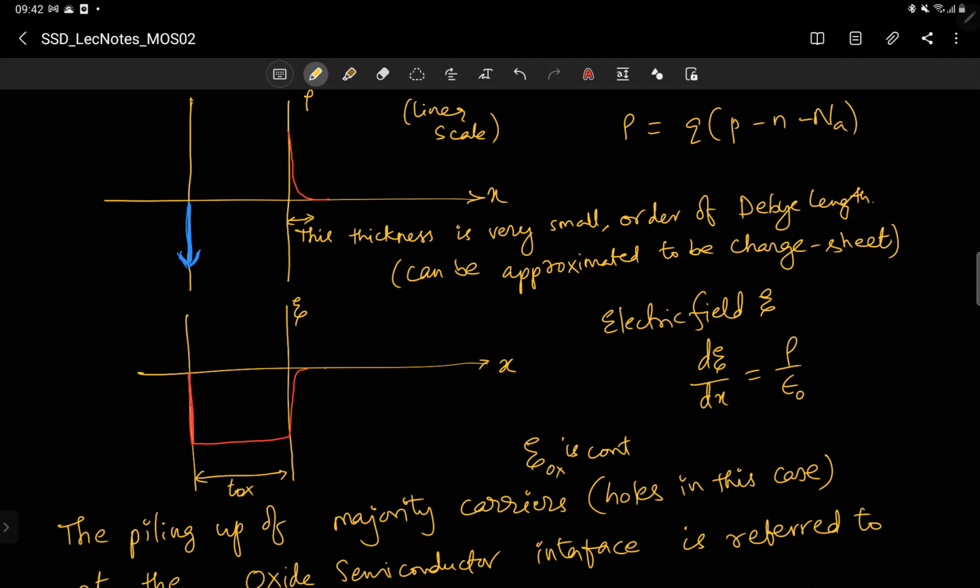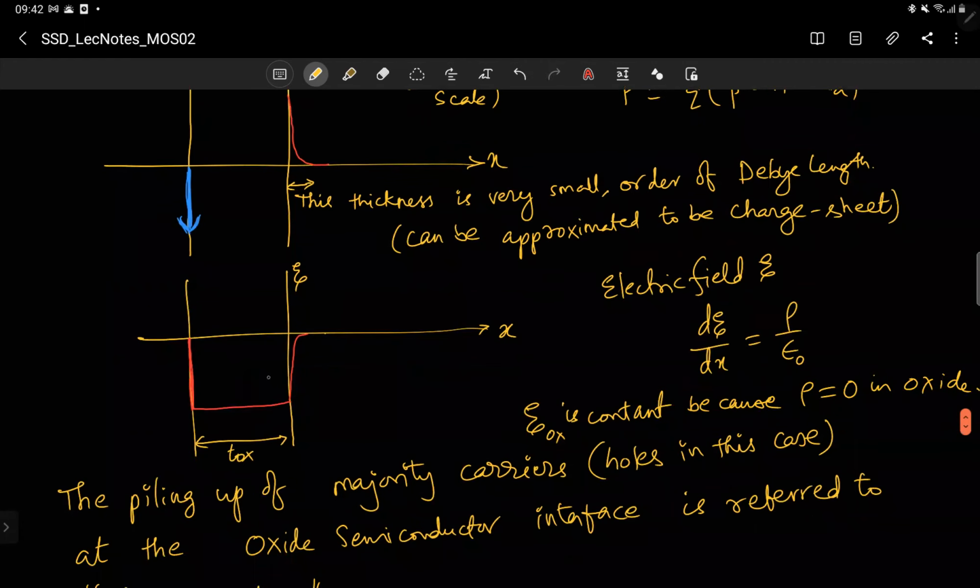E-ox. This is the oxide. E-ox is constant because rho is 0 in the oxide. In the oxide, you don't have any charge. So when the charge inside the oxide is 0, from Poisson's equation, dE by dx equal to rho by epsilon naught, rho being 0 means the slope should be 0.